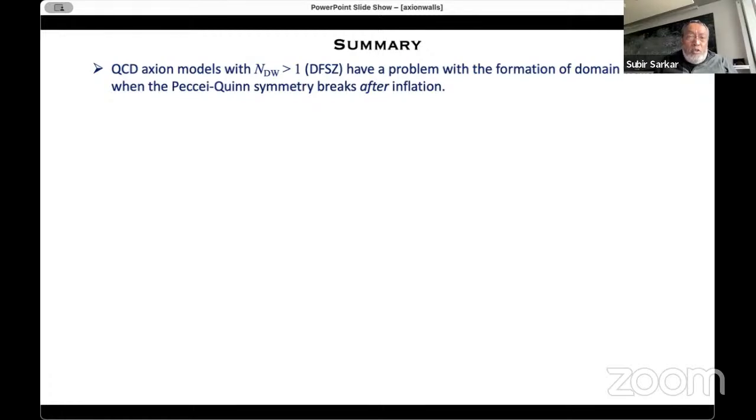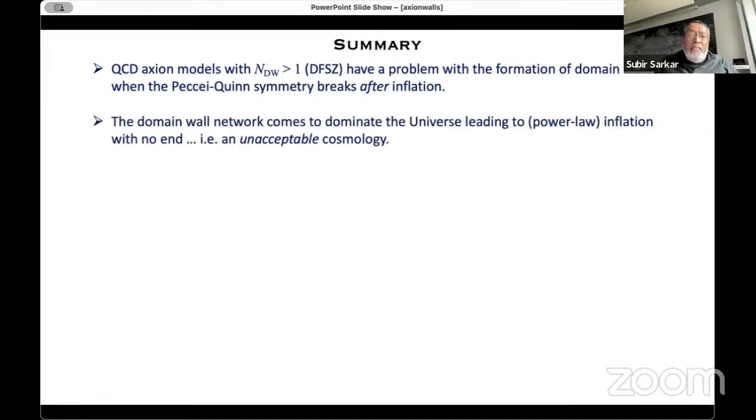QCD axion models in which the number of quarks charged under the Peccei-Quinn symmetry is more than one have a problem with domain wall formation in the post-inflationary scenario. And this network is unacceptable cosmologically, as has been known for a long time.